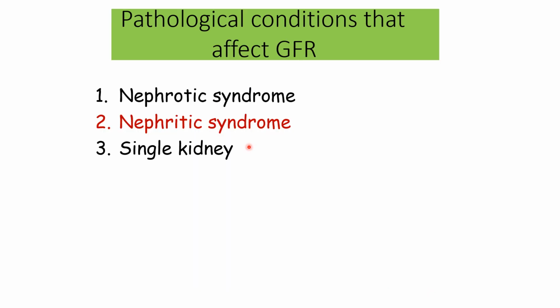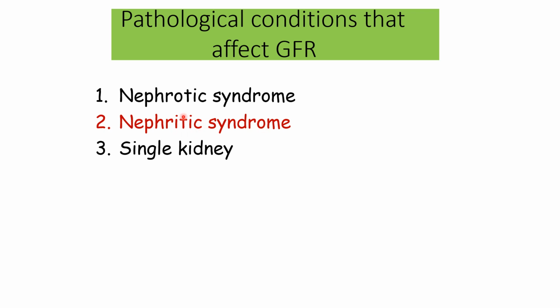And pathological conditions which decrease the GFR are nephrotic syndrome and nephritic syndrome, and also single kidney, if the person has only one kidney. Nephrotic syndrome is proteinuria; here the proteins are eliminated from the body in the urine. And nephritic syndrome is an inflammatory condition of the kidney.